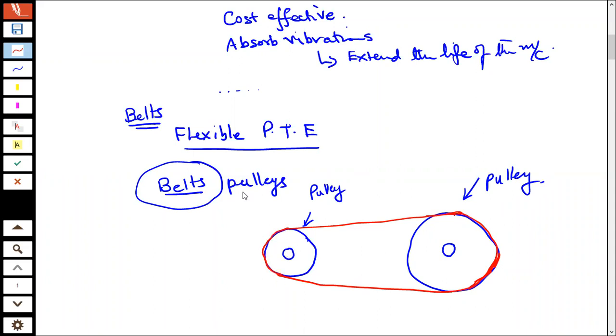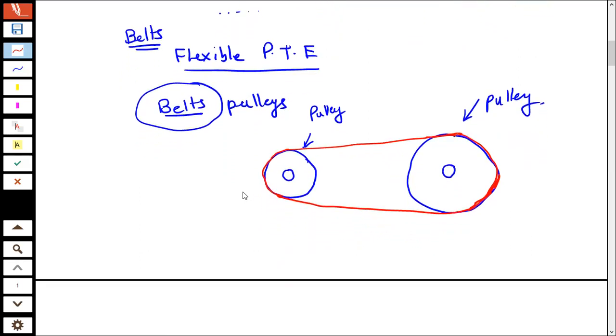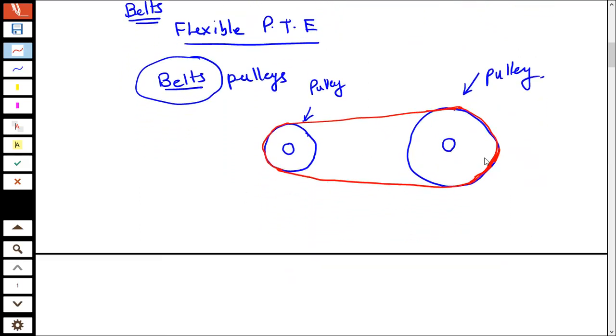Now, when you put this belt around it, let's say that this is the driver. This is the pulley that has the power source. So we will call this the driver. And this side will become the driven. Let's say this is shaft A and this is shaft B.